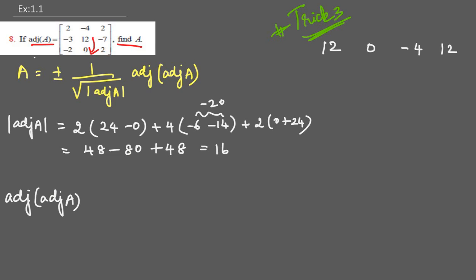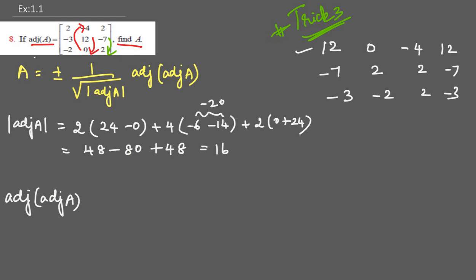So what I have done, moving downwards, 12, 0, 0, minus 4, 12. Next, we move on to the last column, proceeding the same way from the middle element. So we write it as minus 7, 2, 2, minus 7. Next, coming to the first column, middle element, minus 3, minus 2, 2, minus 3.